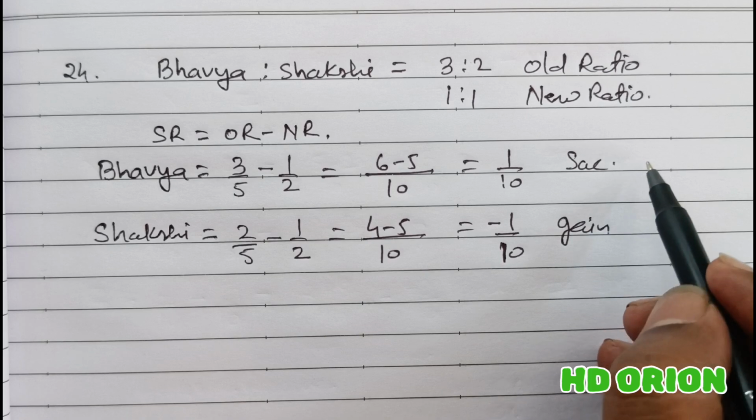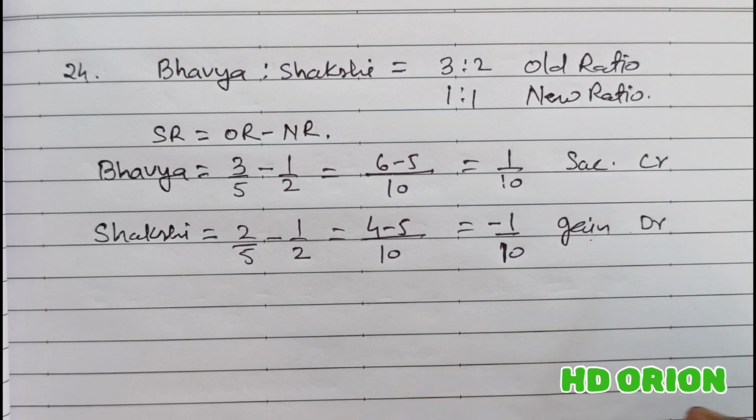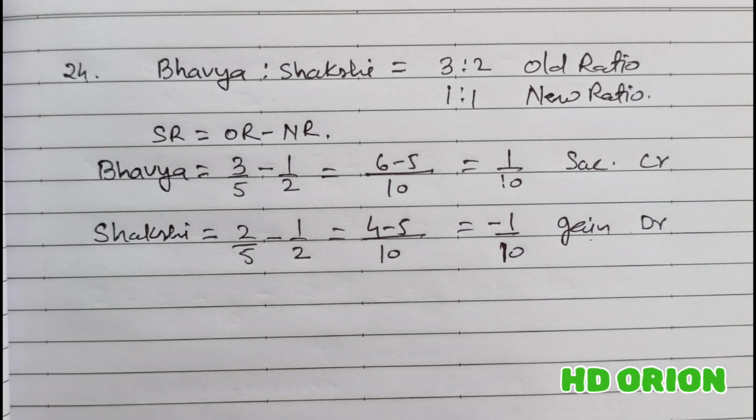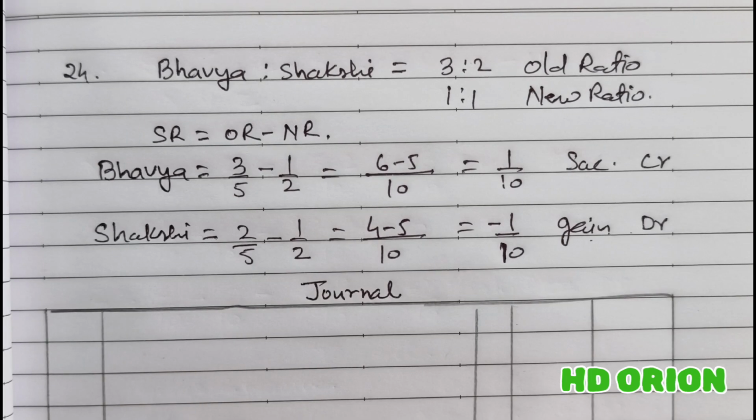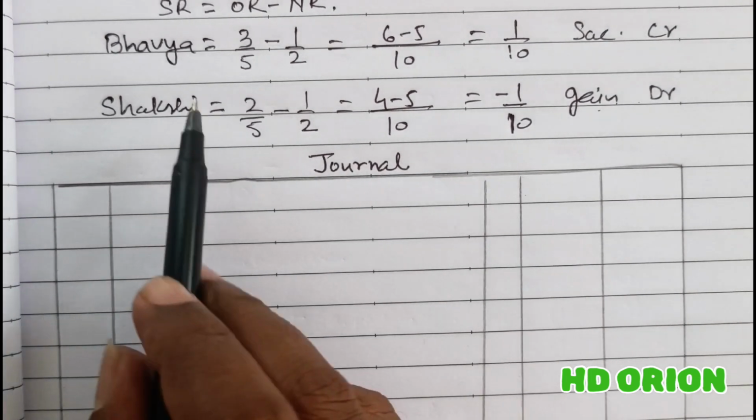So it is a gain for Sakshi and a sacrifice for Bhavya. The sacrificer's account has to be credited and the gainer's account has to be debited. We will take this for treatment of goodwill and general reserve, because it is written in the question that general reserve is not to be distributed between the partners. So let us pass the journal entry for treatment of goodwill.